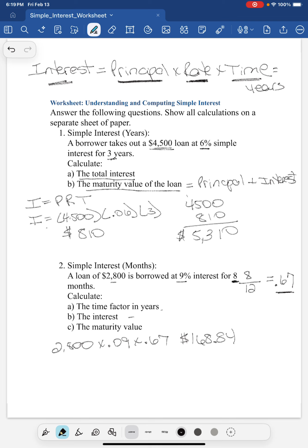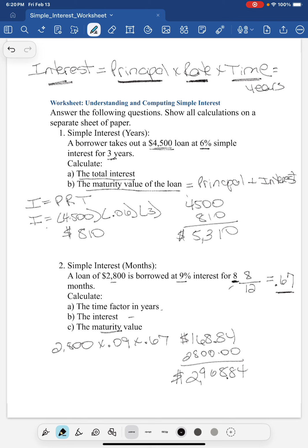That's the interest. And again, they want the maturity value. We're just going to add our principal to that interest, and we're going to get $2,968.84. Okay? That's how you get that into a factor that you can deal with in your formula.